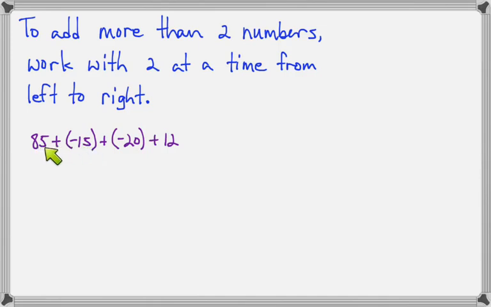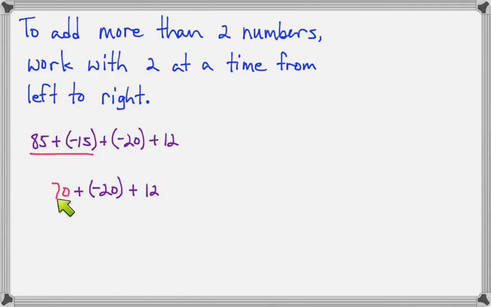These two numbers have different signs from each other, so I need to subtract them. The difference between 85 and 15 is 70, and 85 is the larger number, so it's going to be positive 70. And then we just keep the rest of the problem.